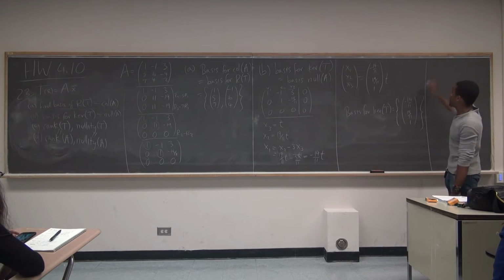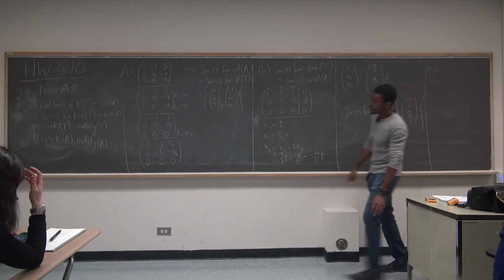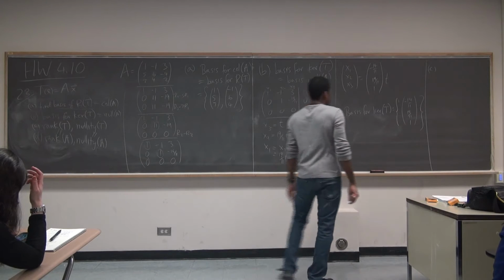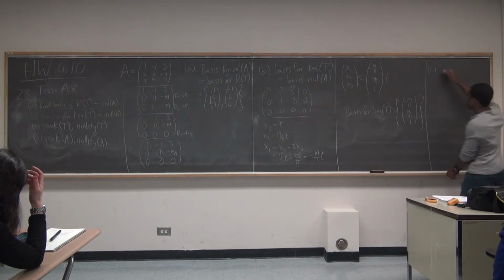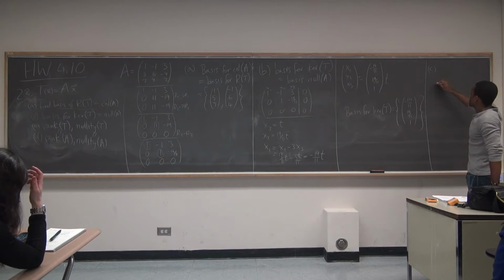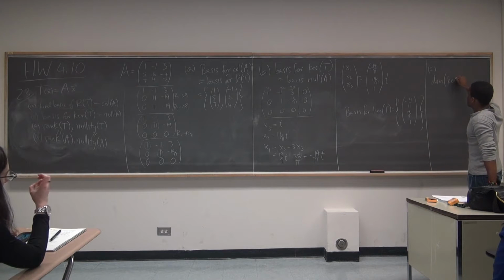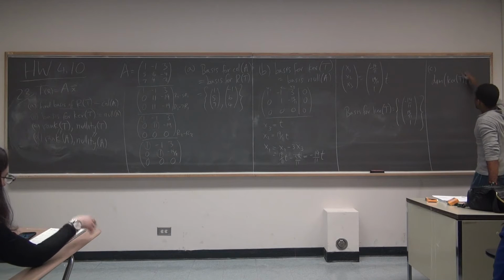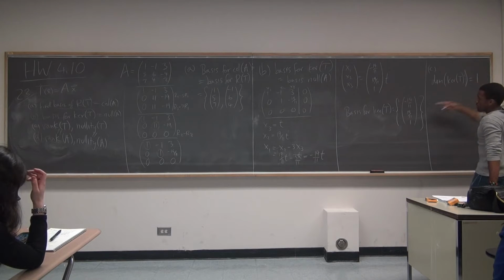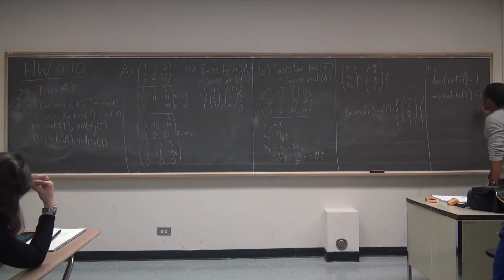Okay, so that was part B. Part C asks for what? The rank. Well, we know that since the dimension of the kernel is 1, because there's one basis vector there, that means the nullity of T is 1.